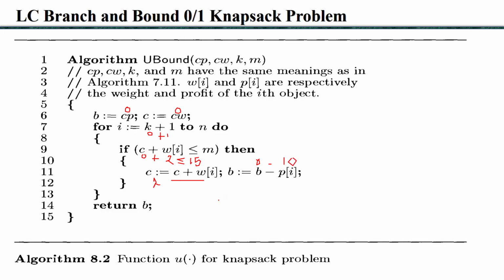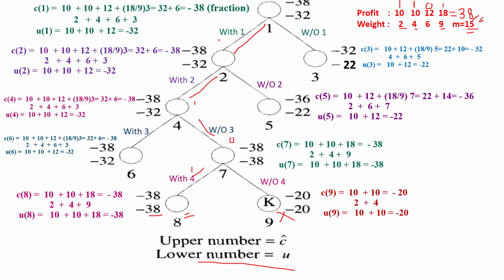So like this, the same procedure you have done here for calculating the upper bound. 2 plus 4. Next we check whether it is possible to place that item. The condition is that 6 is less than or equal to 15. Yes, if it is true, then you include the second item and its profit here. Next is the third item.